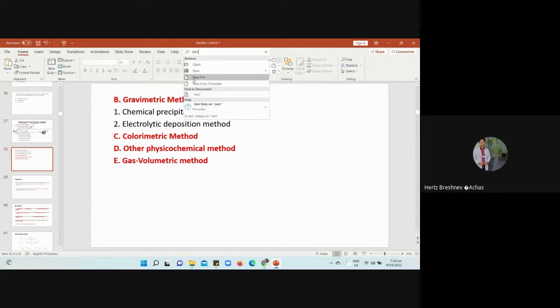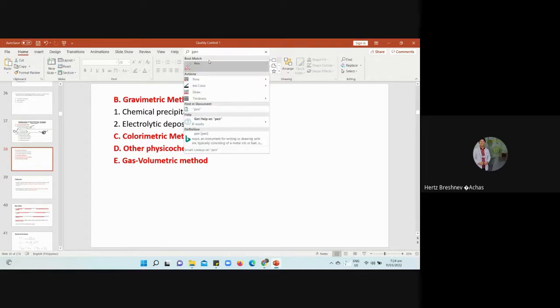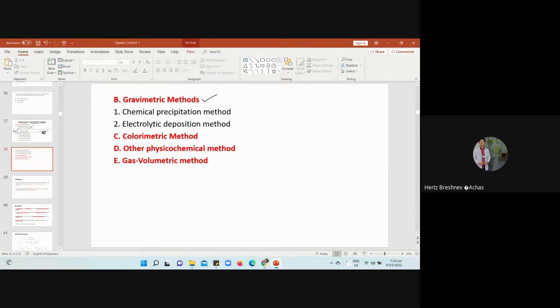When we say gravimetric method, simply we will utilize the solid state of the substance, its powder state, its granule state, and it involves ignition, or there will be an application of heat. There will be an evaporation to dryness to make sure that there is no moisture content in the substance.